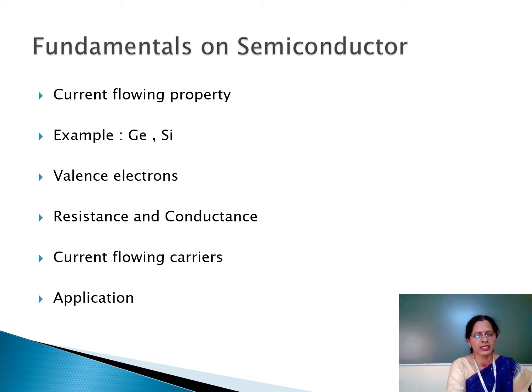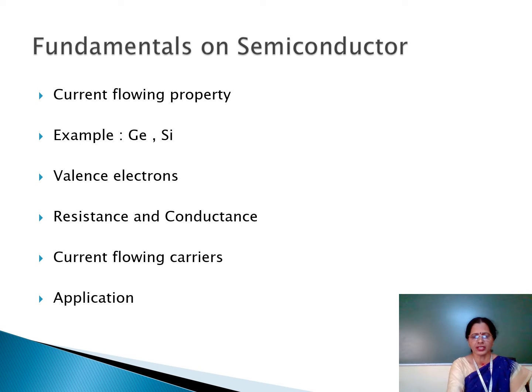So in the case of a conductor, conductance is very high, but in the case of an insulator, conductance is very low or we can consider it zero. For a semiconductor, this property lies in between the conductor and insulator. Conductance of a semiconductor is not as high as in a conductor or as low as in an insulator. So that is why the resistance and conductance properties lie in between the conductor and insulator.